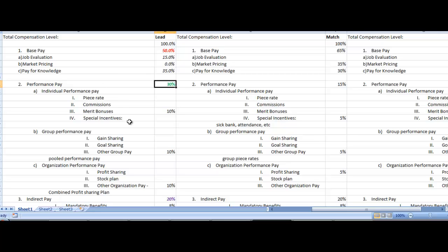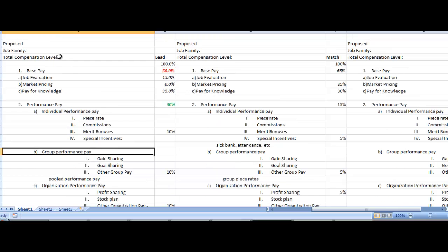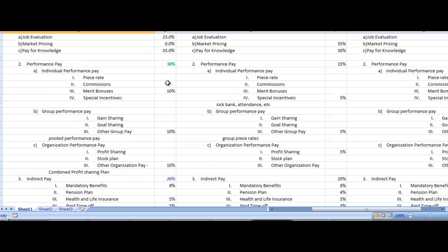She decided she was going to use an individual performance pay, merit bonus. She also wanted to incorporate group performance pay for her job family, which again, we don't know, right? And for organization performance, she decided she was going to use other, and she described that somewhere in her discussion.